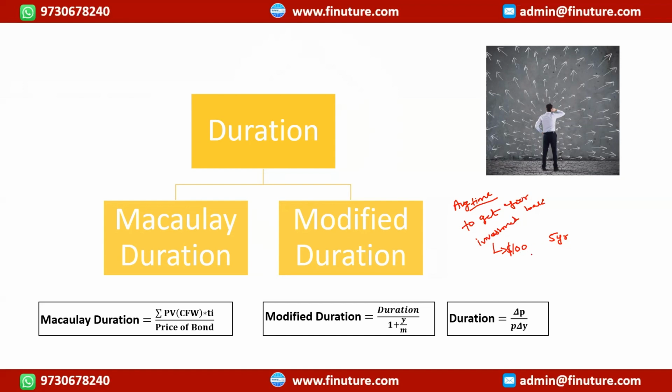Some amount of inflows will come at the first year, second year, third year, and those will be coupon payments, right? So there is some cash inflow happening in between also. It is not that you receive the entire 100 in the 5th year.